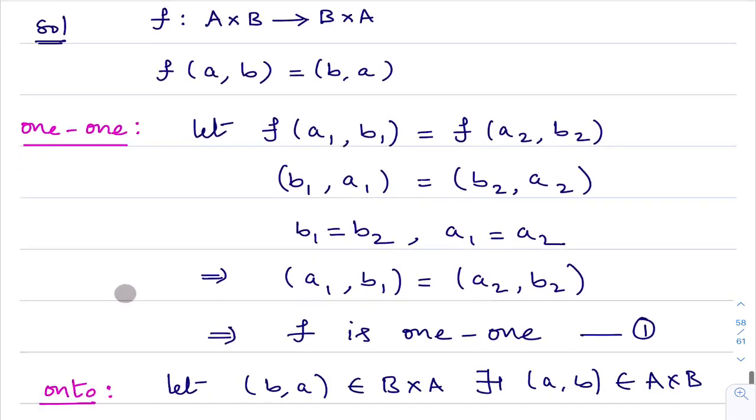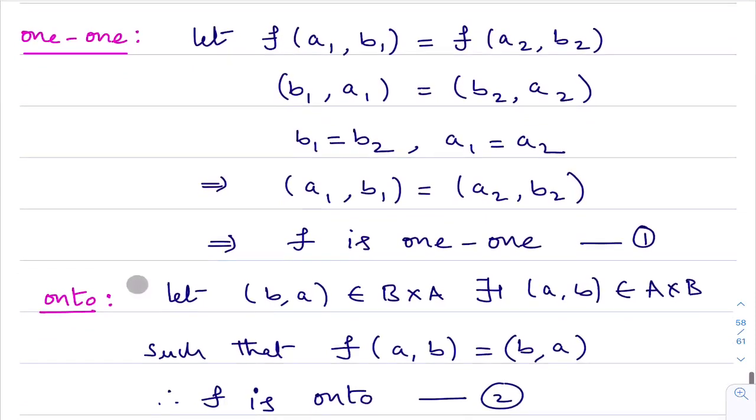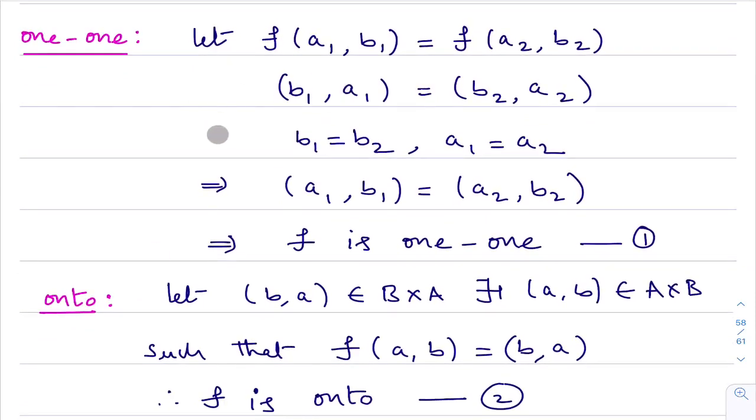First we will check one-one. Generally, in all the problems we did till now, how did we check one-one? First we considered f of x1 equal to f of x2 and we simplified. If we got x1 equal to x2, then we say the function is one-one. Otherwise we say not one-one, or else we give one counter example. Here also I am following the same method, but it looks a little different.